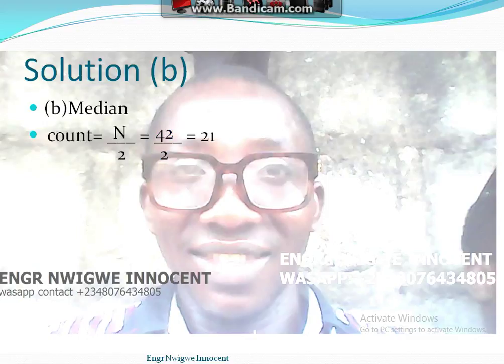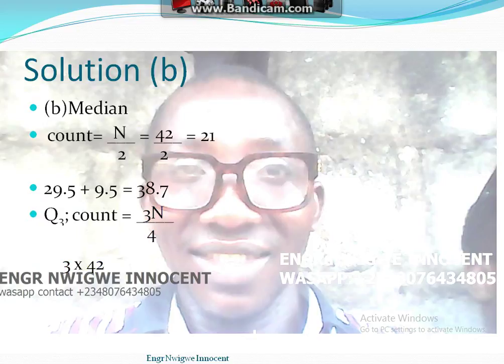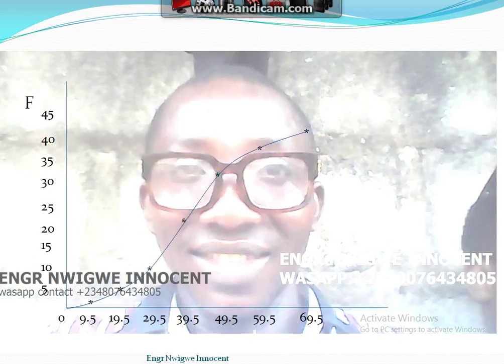Therefore, 49.5 plus 1 will give you now on the graph the upper quartile. You look for that 31.5 on the vertical axis and trace it across to the Ogive curve. When it meets the Ogive curve, it traces it downwards. Where it touches the curve is 49.5 plus 1, which is equal to 50.5.